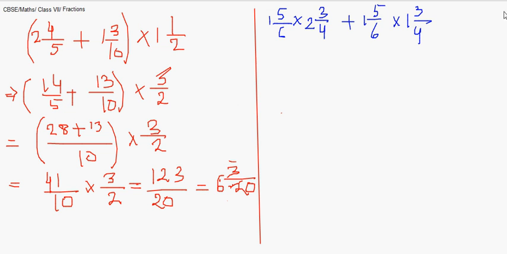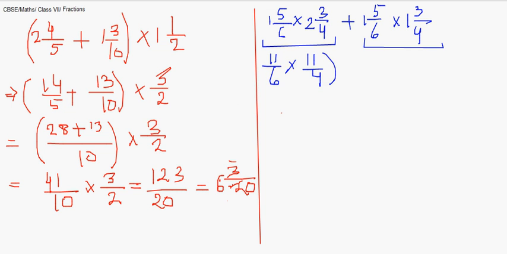See, we had learnt about BODMAS: first you take brackets, then division, then multiplication, and then addition and subtraction. So here I'll be taking the multiplications first. To do so, let me convert them into improper fractions. 11 by 6 multiplied to 11 by 4.